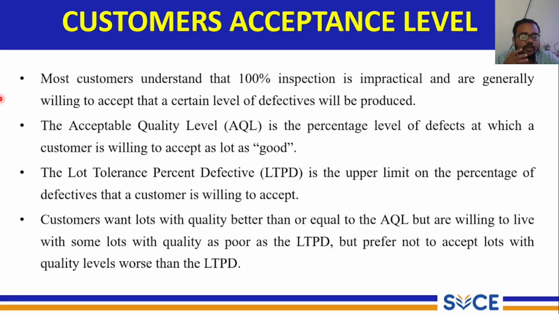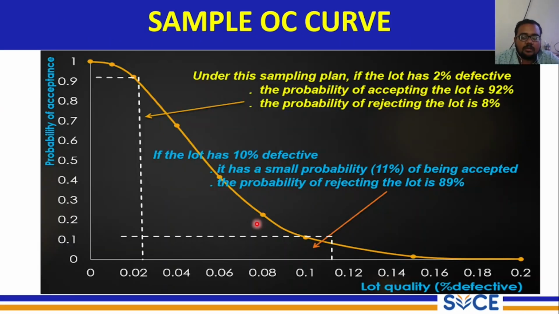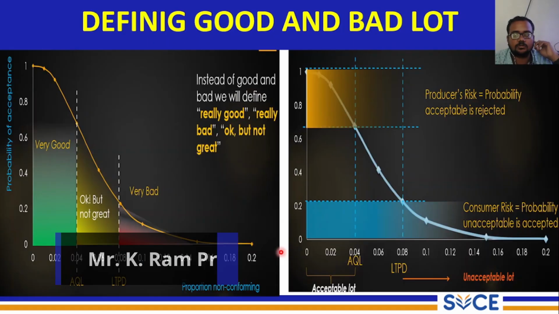They have to have a good lot which is better than your LTPD, which means it has to be much lesser than the maximum value, right? That is what the LTPD is about. So they do not want to take a risk of accepting a lot even if it is on par with your LTPD value. Like you could see here, even if it is on par with LTPD, they do not accept the lot, they will be rejecting the lot. If it is lesser than the LTPD value, then they will be accepting the lot.